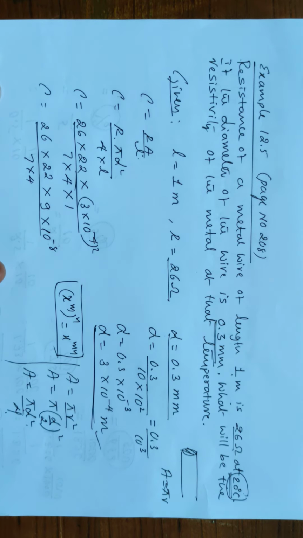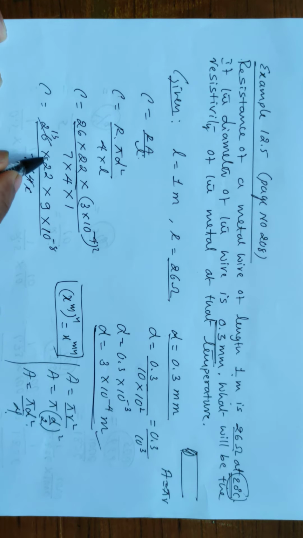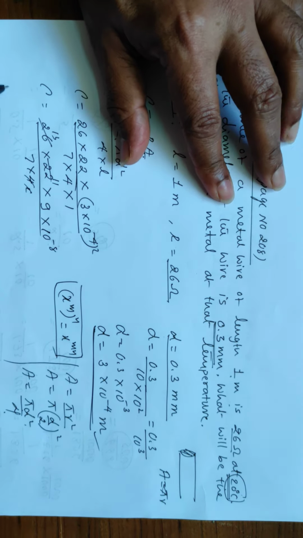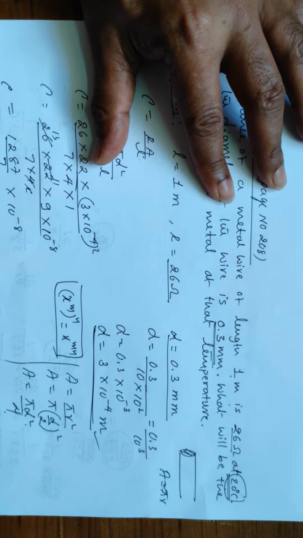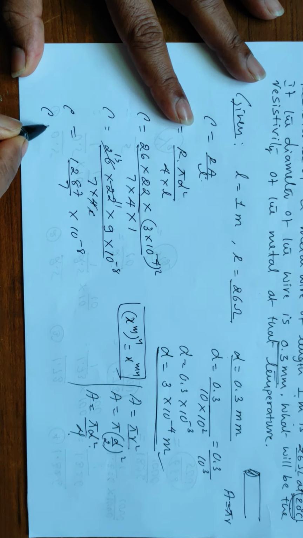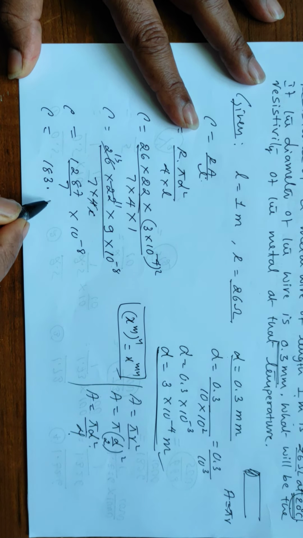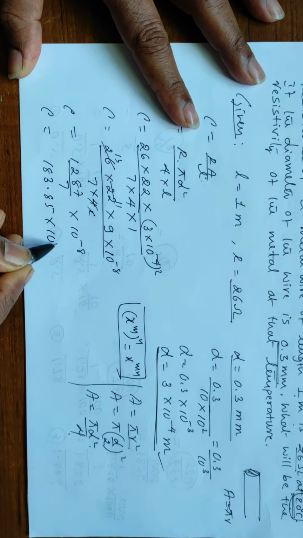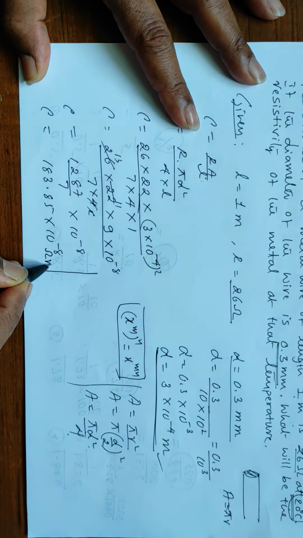On simplification, you can cancel the 2s, the 13s, and the 2s and 11s, and you will get rho is equal to 1287 by 7 into 10 power minus 8. On dividing, you will get 183.85 into 10 power minus 8 ohm meter.